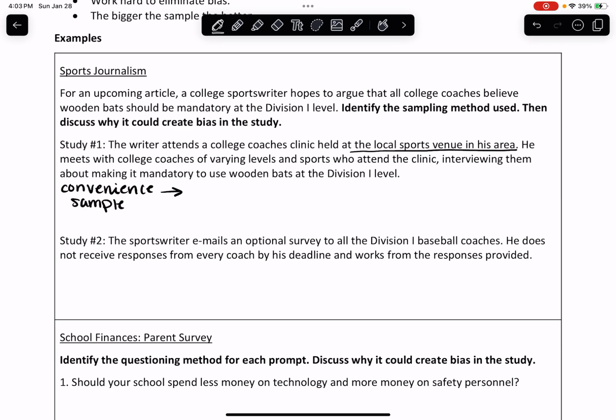And the issue this might have in terms of creating bias is coaches who attend the clinic might have very specific opinions about mandating wooden bats at the college level.